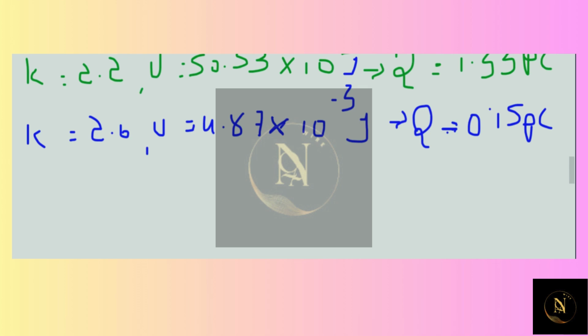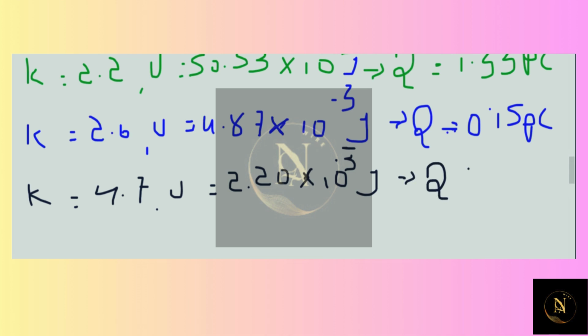Now for Pyrex, K is equal to 4.7 and U is equal to 2.20 into 10 to power minus 3 joule.